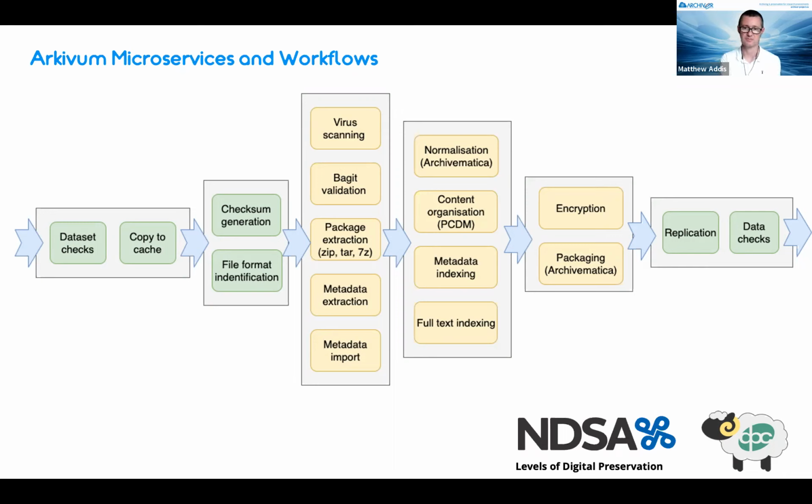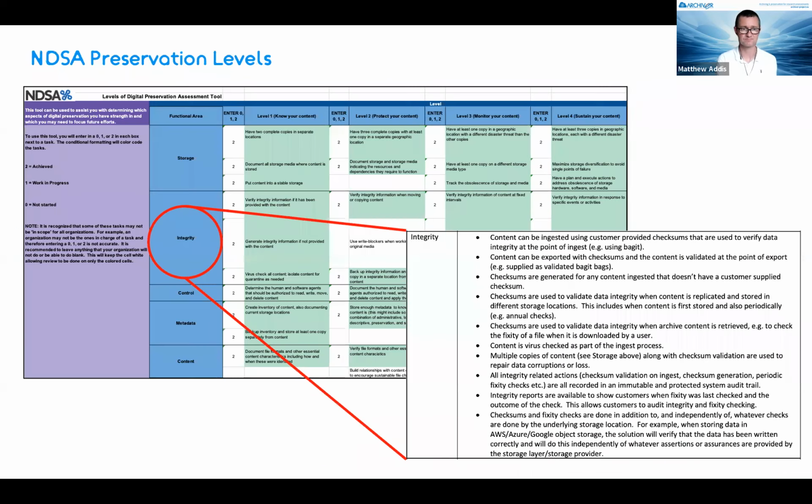And there are detailed mappings that we can provide that show how this set of services enables the requirements of DPC RAM and the NDSA preservation models. So for example, this is just one part of the mapping that we've done to the NDSA levels of preservation.